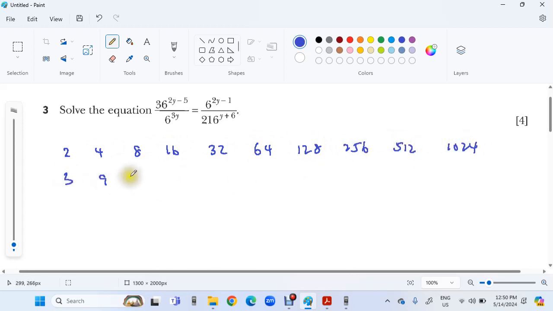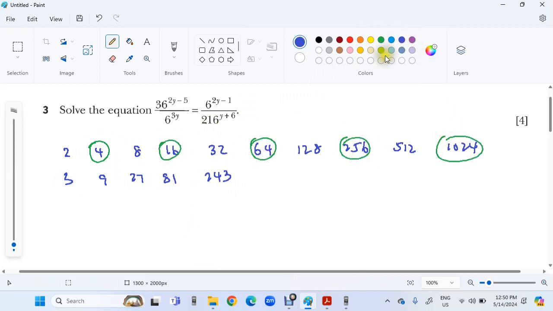And we have 3, 9, 27, 81, and 243. And 4, no need. Why? Because 4 is from the family of 2. And then 5, 25, 125, and 625. And we have 6, 36, and 216. So 36, 216 is from the family of 6. Then we have 7, 49, 343.